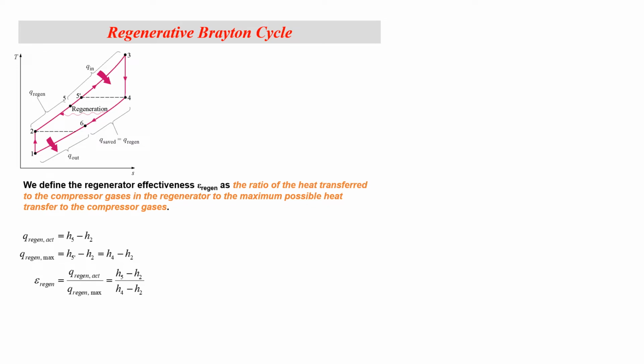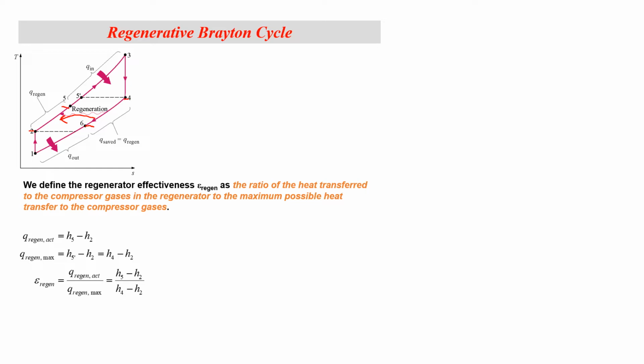In the last slide we saw that adding some of the heat from this exhaust to this inlet allows us to, A, reduce our fuel requirements, B, reduce the waste we put to the environment, and it also improves our efficiency.